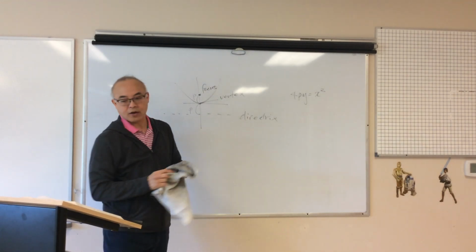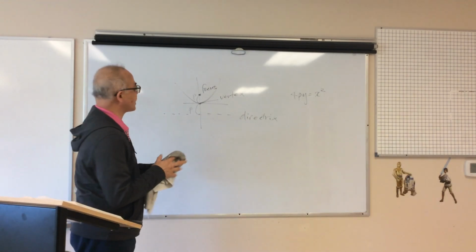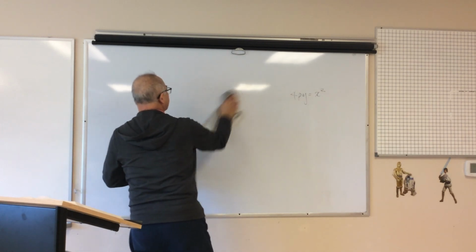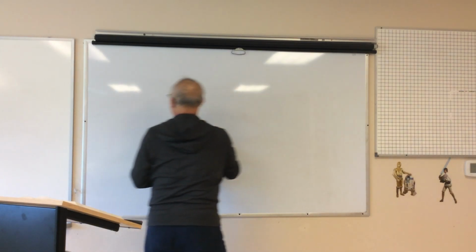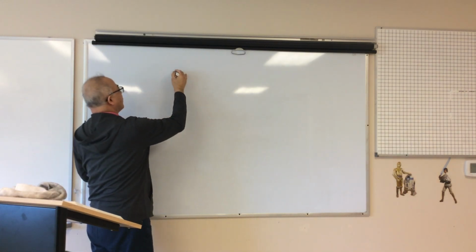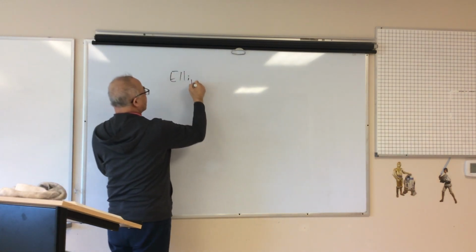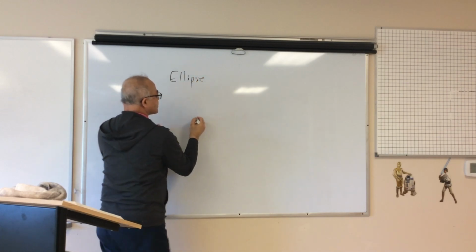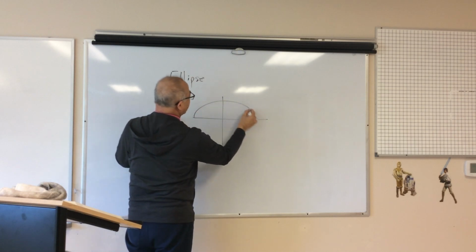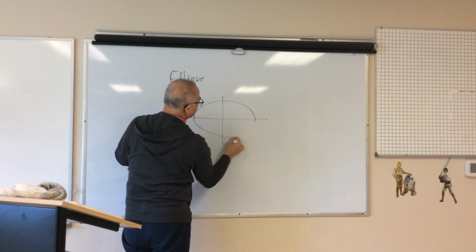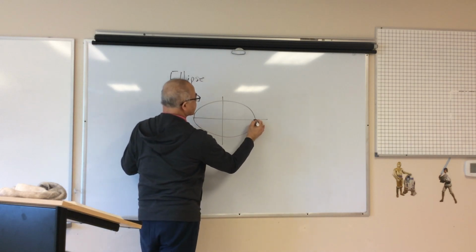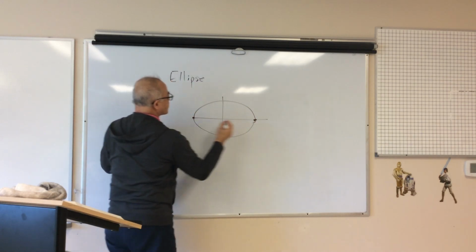Today we're going to talk about circles and ellipses. So this is kind of a new thing for you guys, although you talked briefly about what an ellipse looks like before. So an ellipse is going to look like this, where you have the vertex, two vertexes.